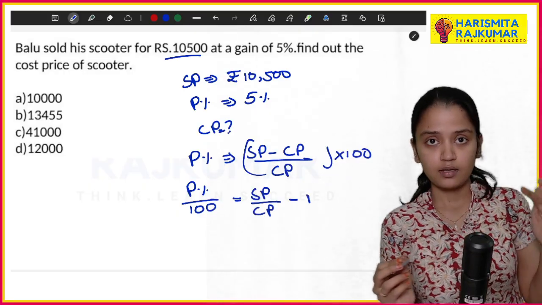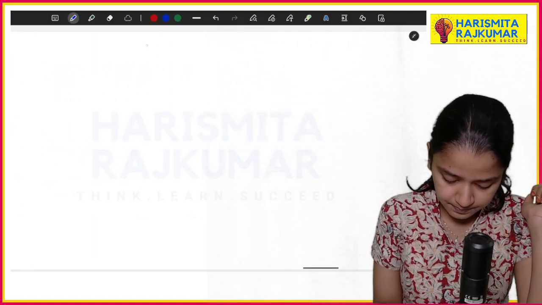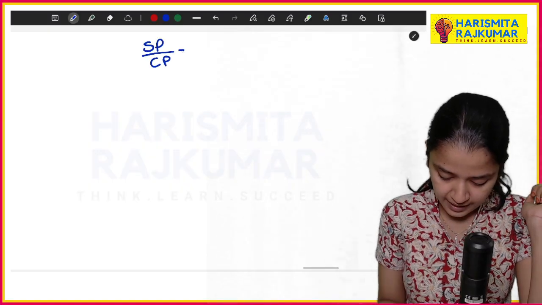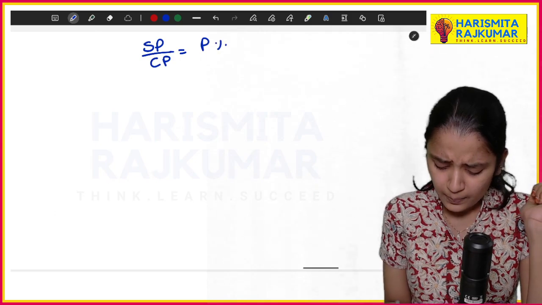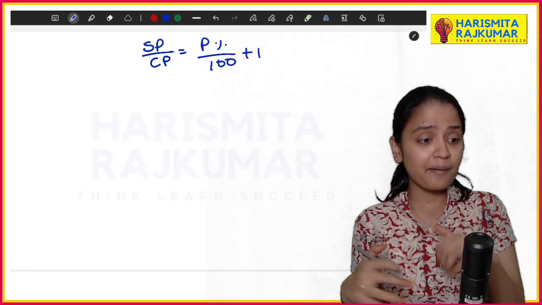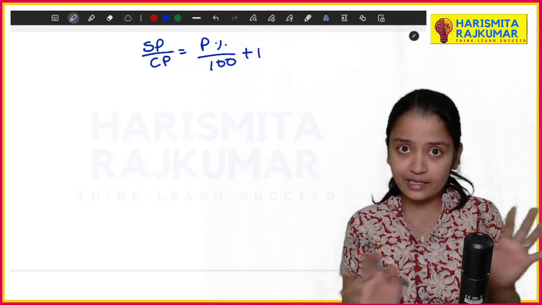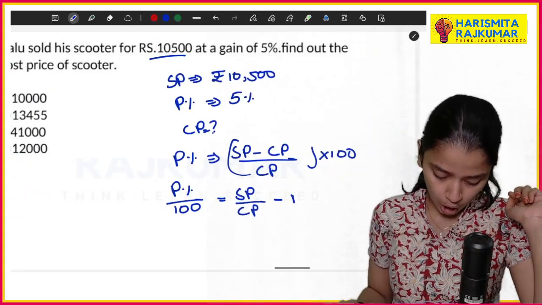because CP by CP, I'm splitting the numerator. Now selling price by cost price is equal to P percentage by 100 plus 1. I hope you understood it, because I'm deriving the formula again. I've already given this formula as such. So I have to find cost price now.